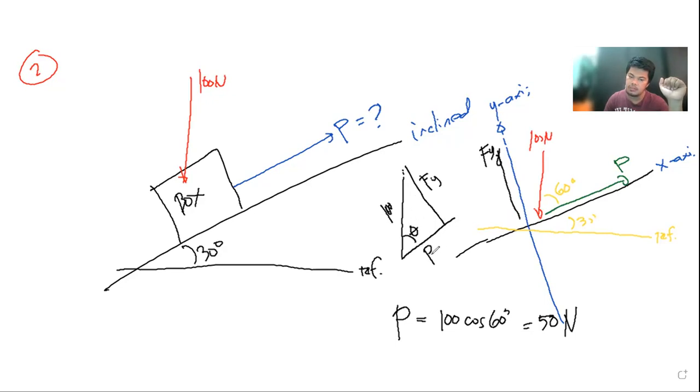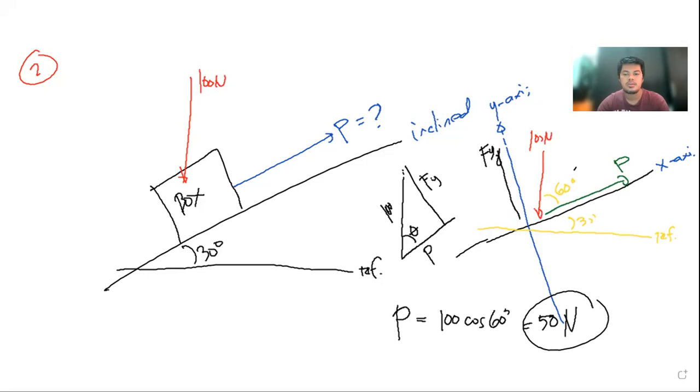If you look at it, P is the adjacent side, so P is 100 cosine of theta, which is 60. So we have there 50 Newton as the force needed in order to pull. So the force must be greater than 50 Newton in order to bring the box upward.